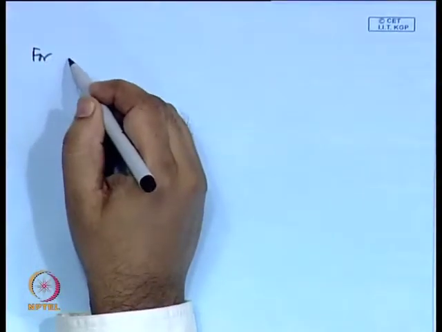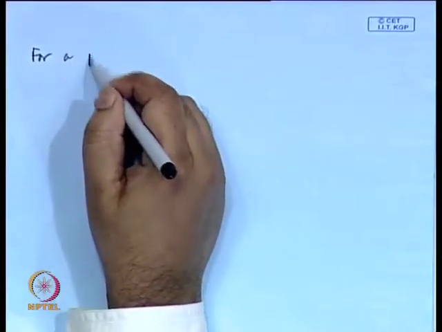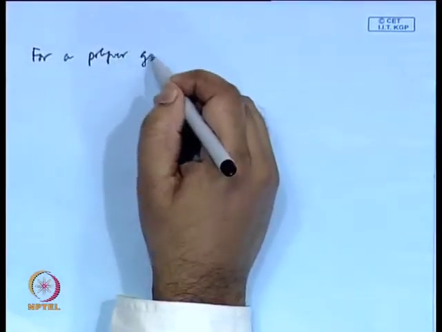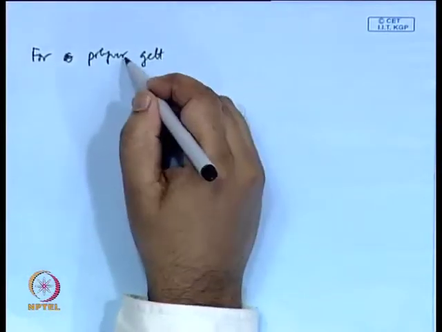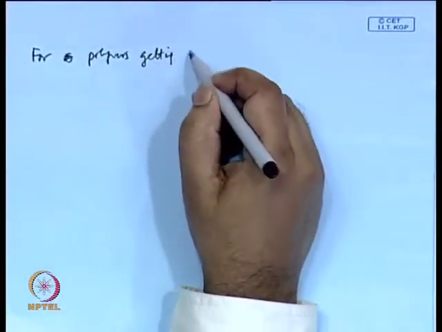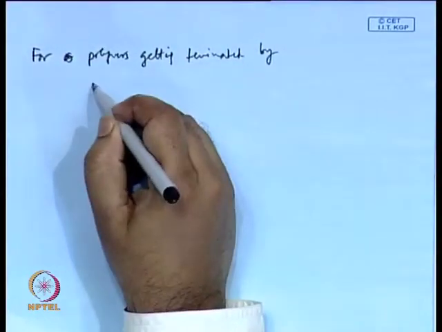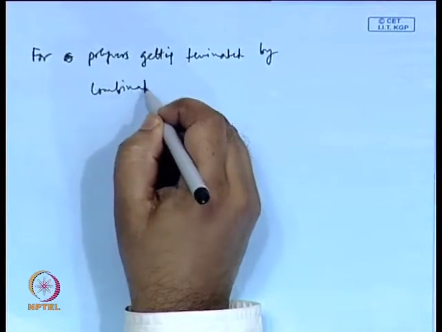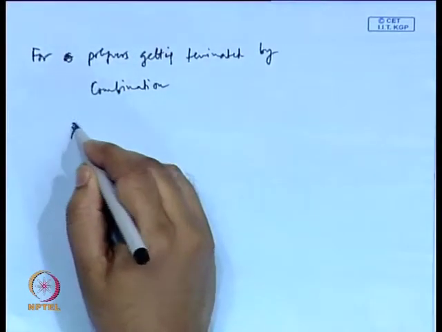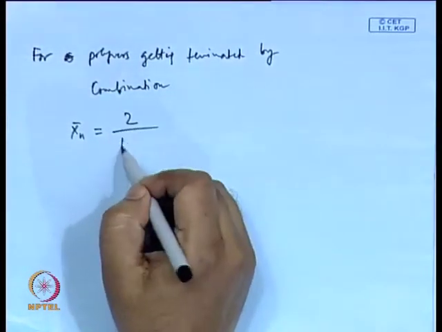Now, for polymers getting terminated by combination, that means one polymer is formed from two kinetic chains, obviously the distribution will be narrower and the molecular weight will be higher.